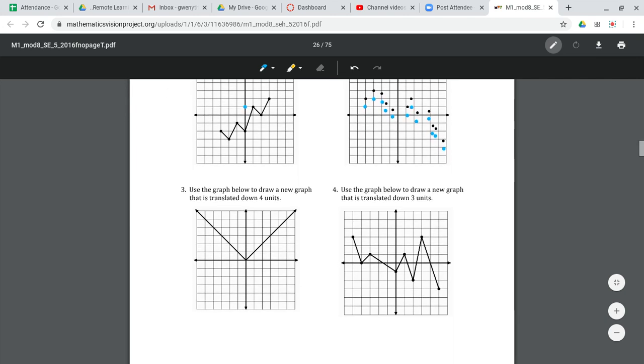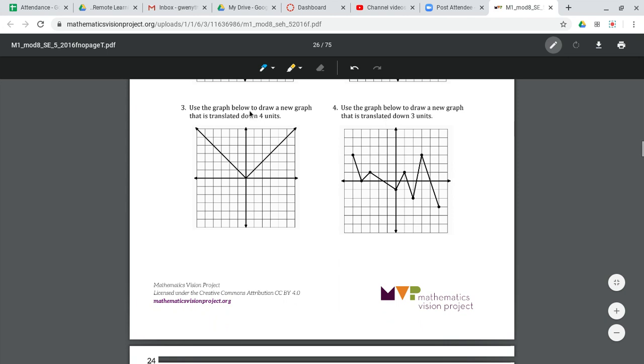Then looking at number 3, it's telling you to go down 4 units. So your center point, you're going to go down 1, 2, 3, 4. Down your 4 units. Do that with each of these values. Draw in the lines of the absolute value function. And then same thing with this one. You're going down 3 units. So from each one of these points, you're going to go down 3.